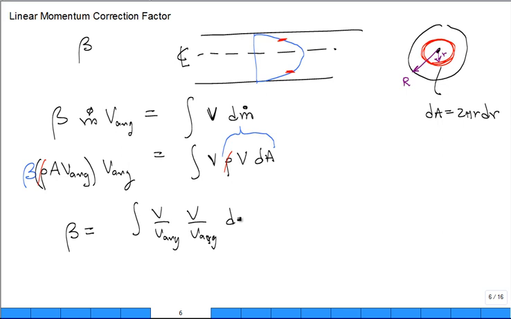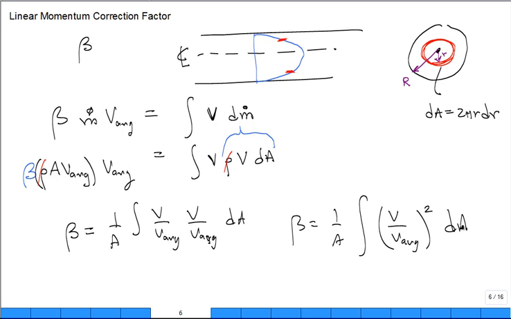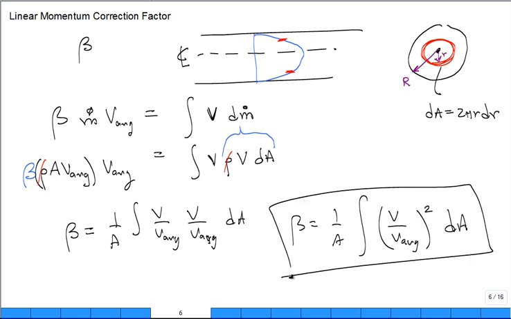And then we'll have dA and 1 over area. And that's the equation that we had in the textbook, something like 1 over area, the integral of V over V average squared dA. All right. For turbulent flow, often just a little above 1. We'll calculate a few of them now. Okay, let's go ahead and calculate them. That look good for a derivation?